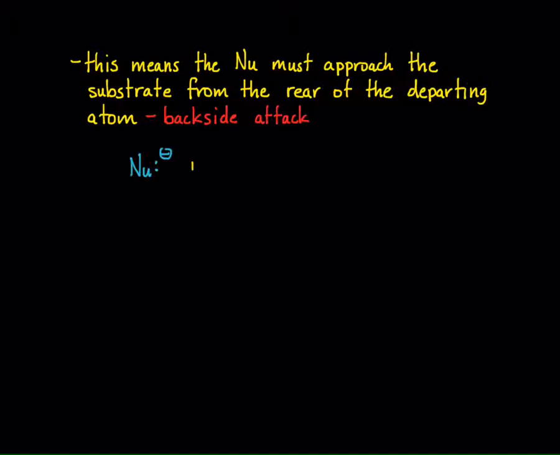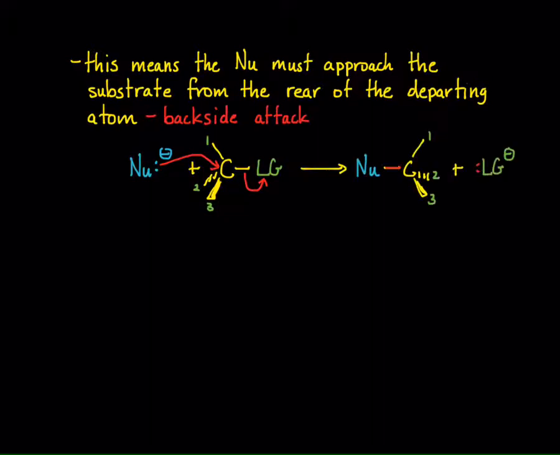And so we can start to get a little better picture of what's happening in an SN2 reaction where we have some nucleophile, and notice I always draw a negative charge, but nucleophiles don't have to be anions, although many of them are. And so now that nucleophile is going to attack the carbon from the opposite direction of where the leaving group is, notice. And now I get an inversion of configuration and my leaving group comes off.